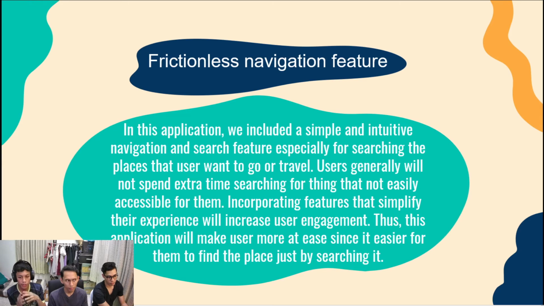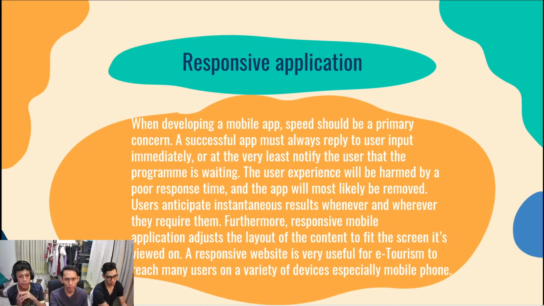Incorporating features that simplify their experience will increase user engagement. Thus this application will make users more at ease, since it is easier for them to find the place just by searching it. And the third one, a responsive application.